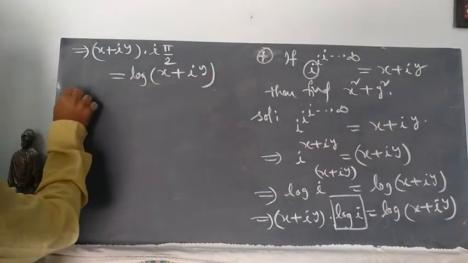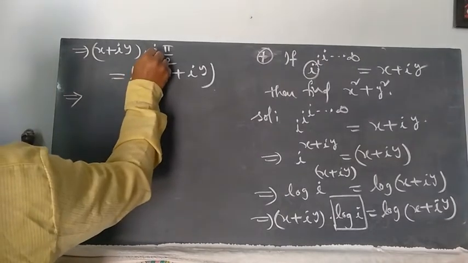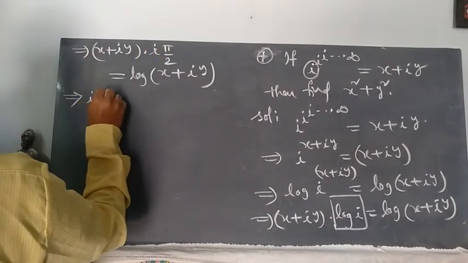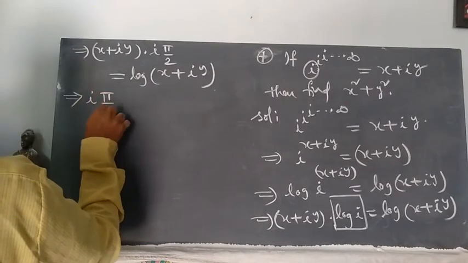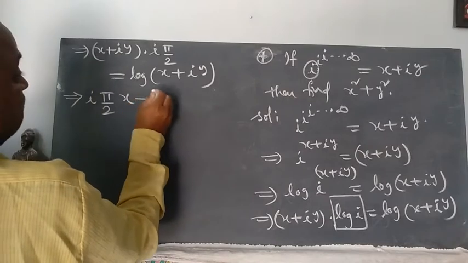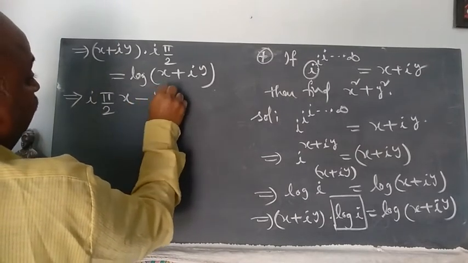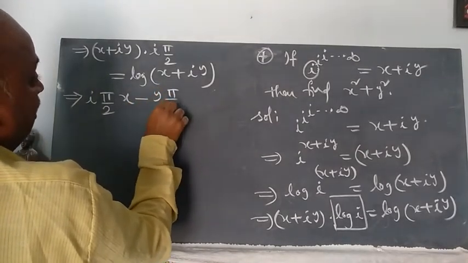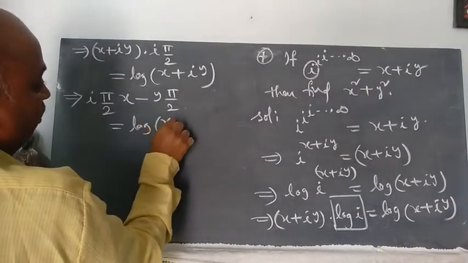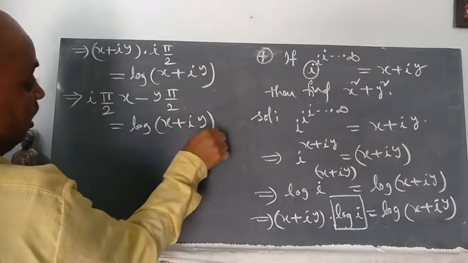This implies i into pi by 2 into x plus i into i square, which is minus 1, so minus y pi by 2, is equal to log of x plus iy.